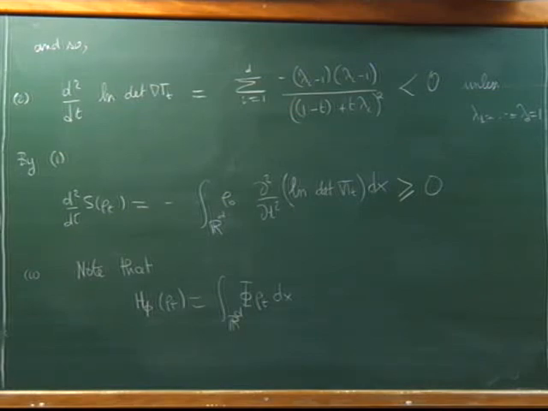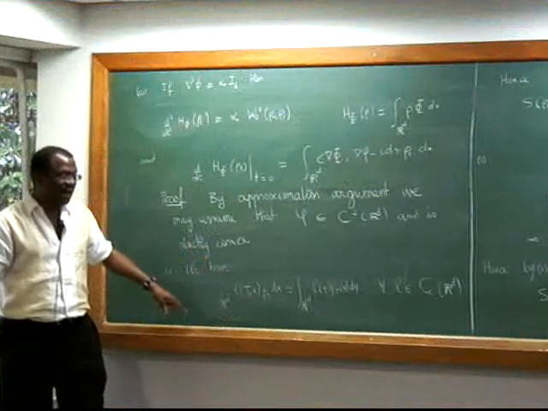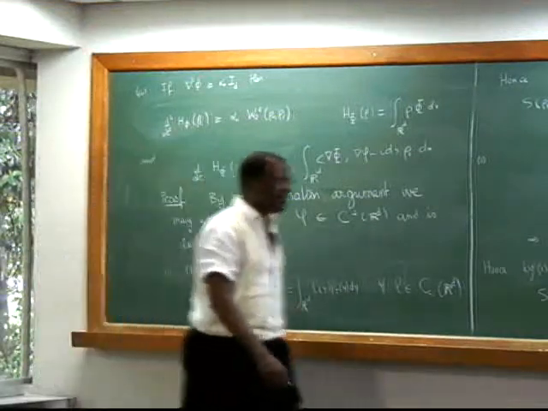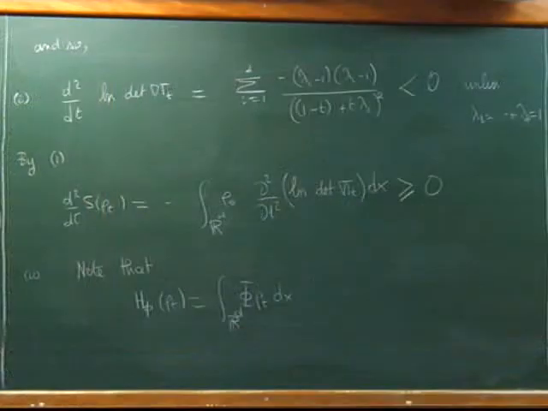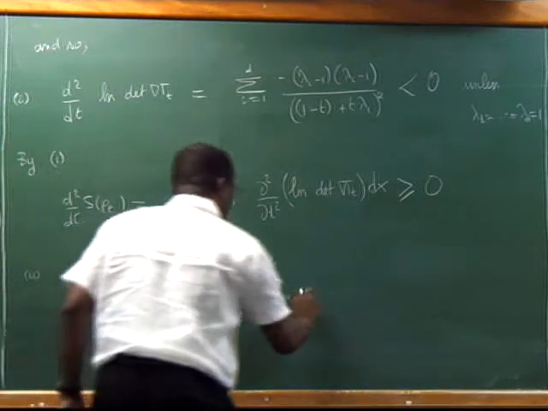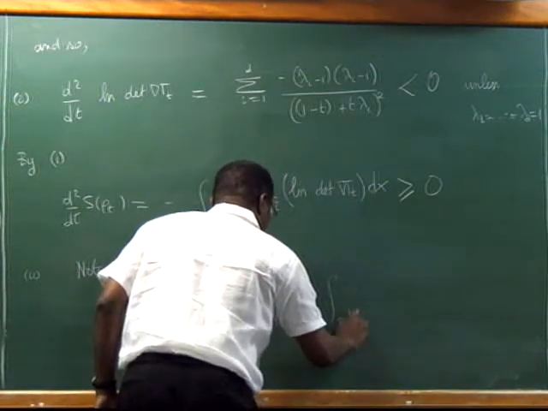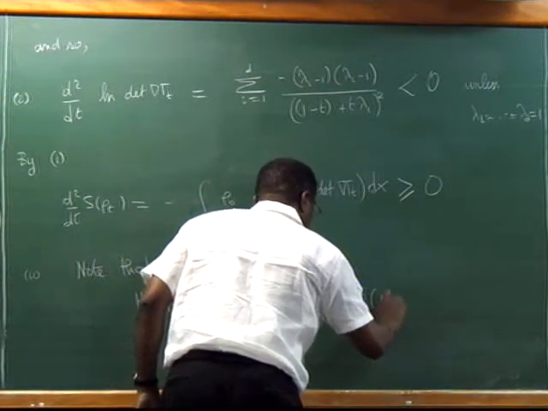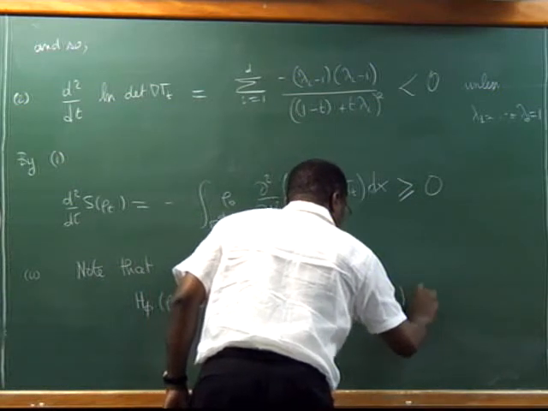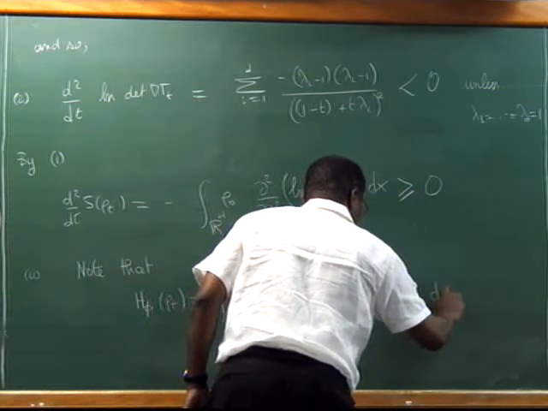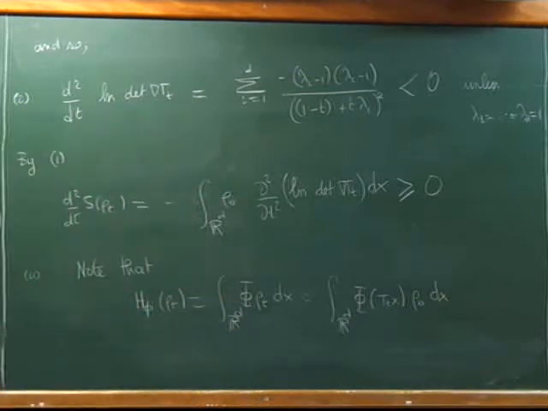But let us use this formula with L equal to phi. We get that this is the integral over R^d of phi of T_t of x times rho naught dx. And this is easy to differentiate.